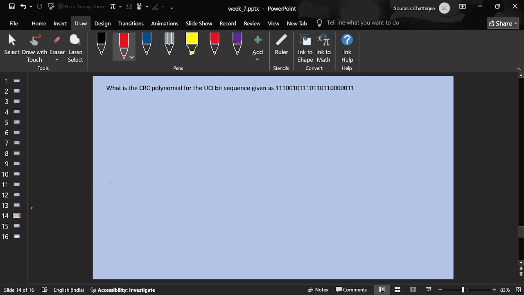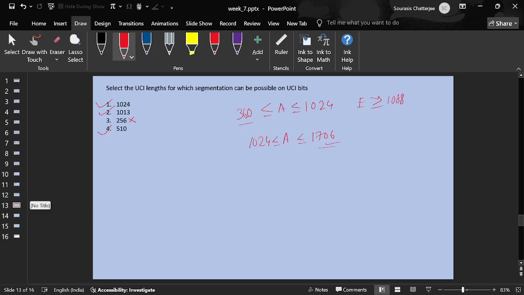So what is the CRC polynomial here that we are supposed to use for the UCI bit sequence given as this? Can you go to the previous question? Yeah, sure. Actually, in the lecture, here they mentioned 1706, and instead of 1024, 1076 is in the lecture.